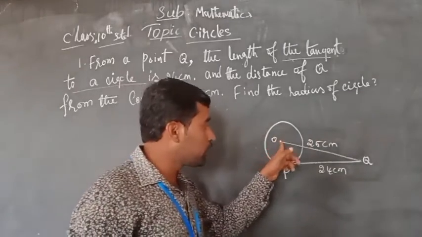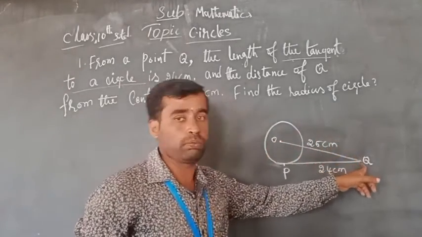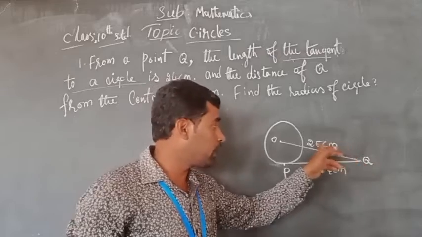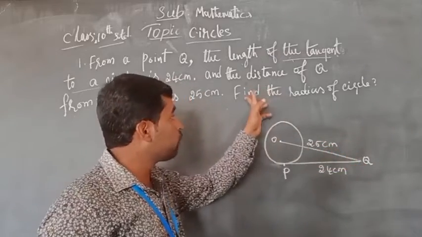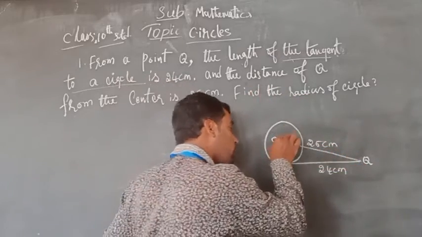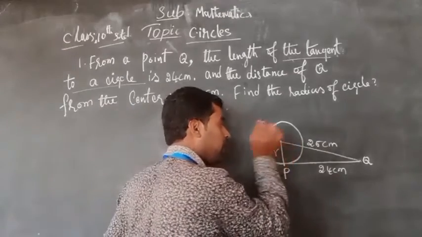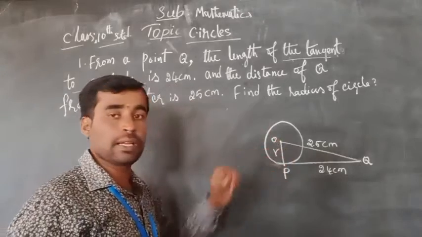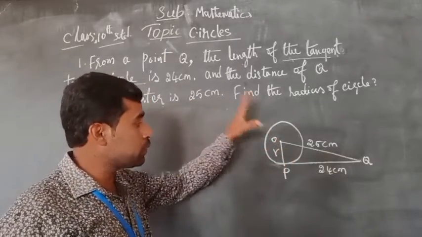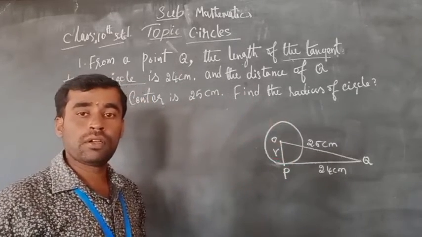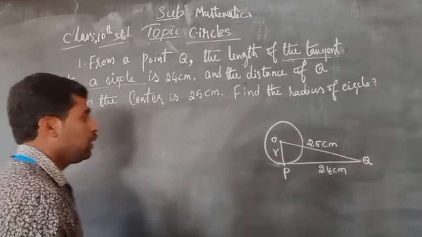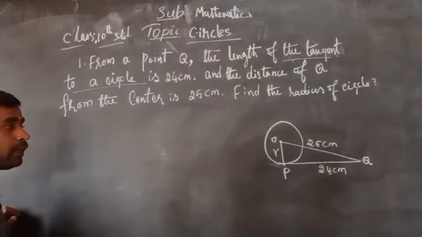The distance from the center point to Q is 25 centimeter. Then find the radius. Join OP. That is the radius that we need to calculate. With the help of this question, I have drawn a diagram. Now we need to find the radius OP.